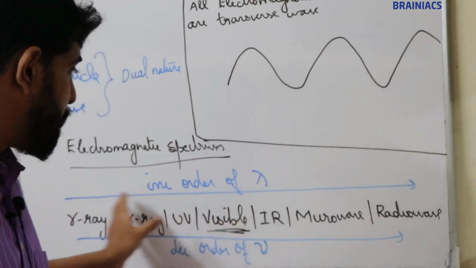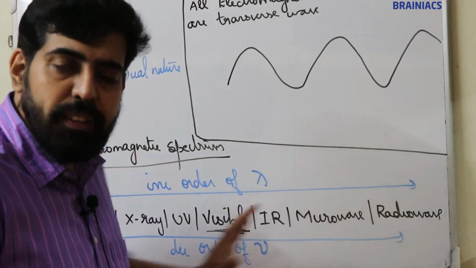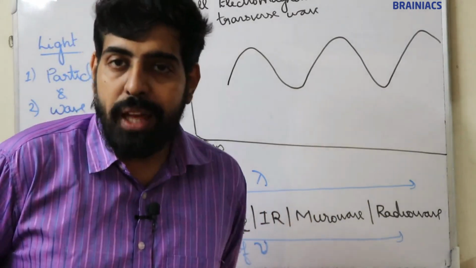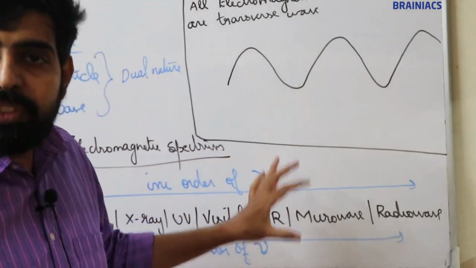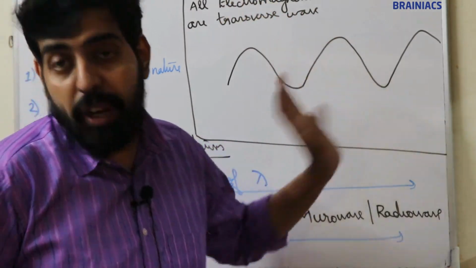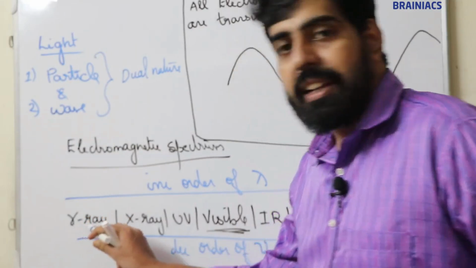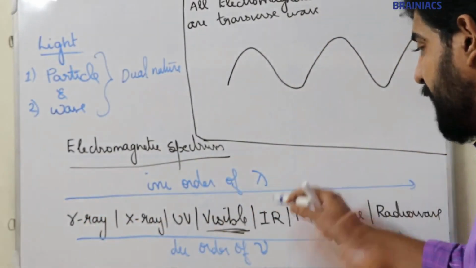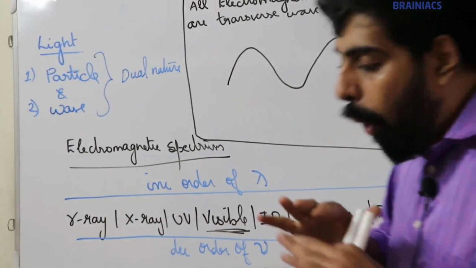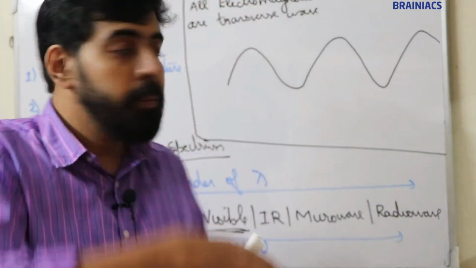Okay, so the arrangement of electromagnetic radiation in the increasing order of wavelength or decreasing order of frequency is known as the electromagnetic spectrum. Before studying it in detail, first we can study about transverse waves. X-ray, gamma ray, ultraviolet, visible, infrared, microwave, radio wave, all electromagnetic radiation travel in the form of transverse wave.